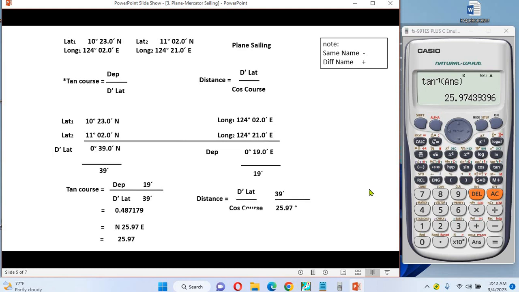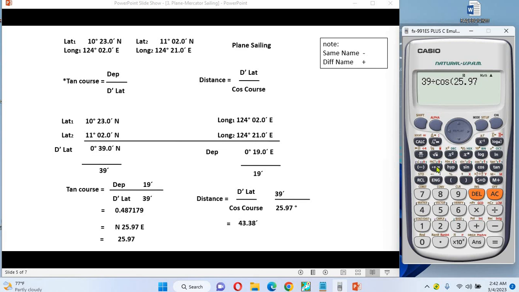Okay, next is distance. Distance is d lat over cosine course. So all clear. Then 39 over cosine of 25.97.